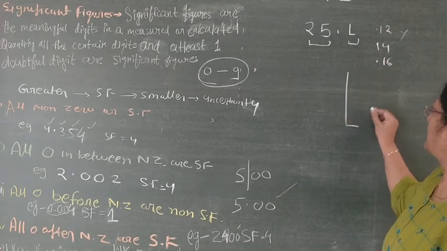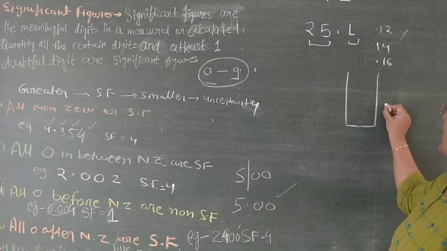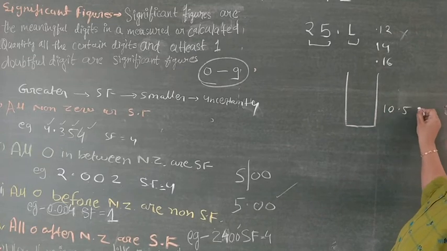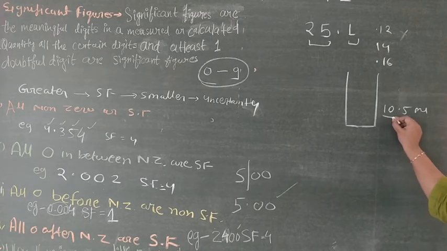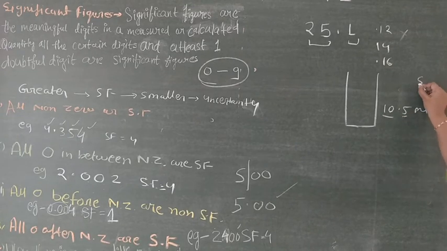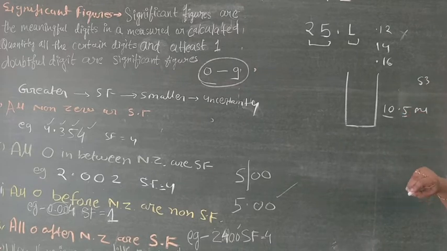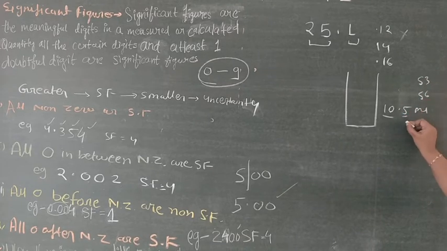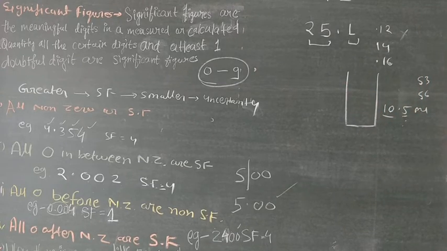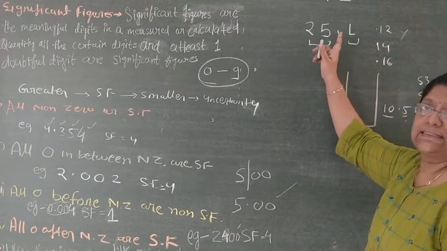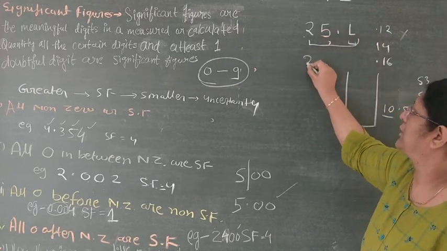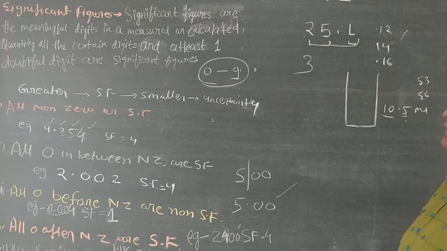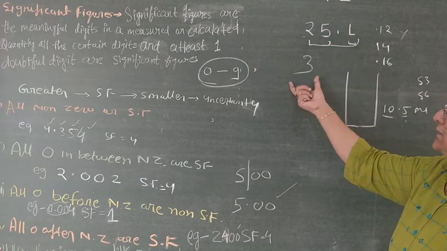Suppose I am taking a beaker, and in the beaker I have to measure 10.5 ml. So 10 I can measure accurately, but in the case of 5, maybe I am measuring 0.53, 0.56. So this is the doubtful digit. And if we consider these 3 digits as significant figures, the significant figures will be 1, 2 and 3. The number of significant figures in that particular number is 3.